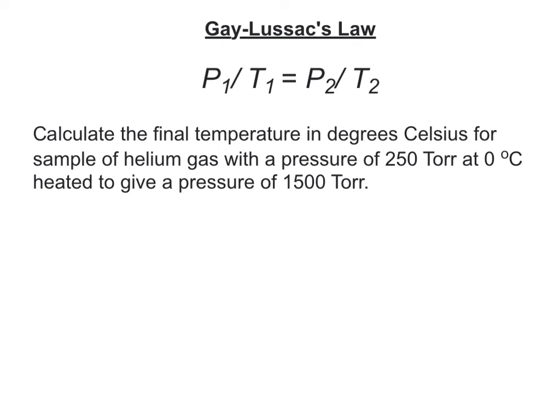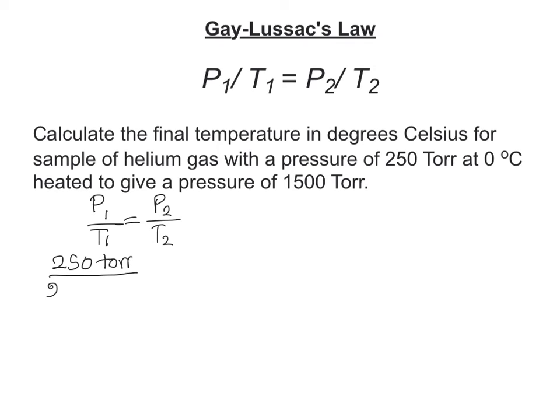So Gay-Lussac's law is written as P1 over temperature 1 is equal to final pressure over the final temperature. The starting pressure was 250 torr. We can keep the pressure units in torr. We don't have to convert it to atm. But the temperature in degrees Celsius, we have to convert it to Kelvin.